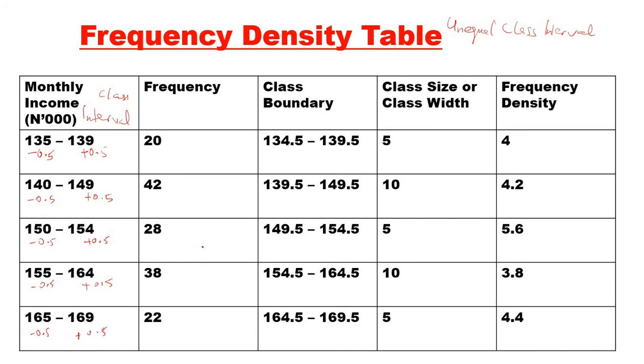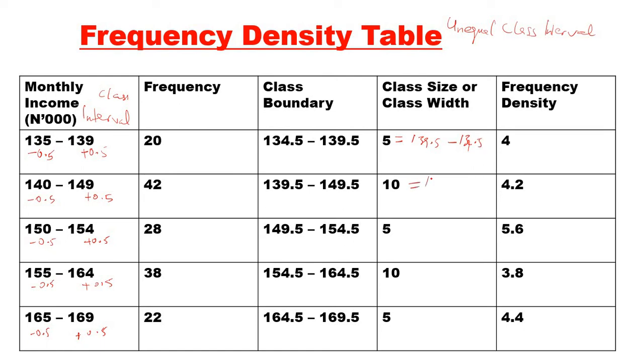The frequency remains the same. These are the boundaries now. To get the class size, we take the upper bound, 139.5, minus the lower bound, 134.5.